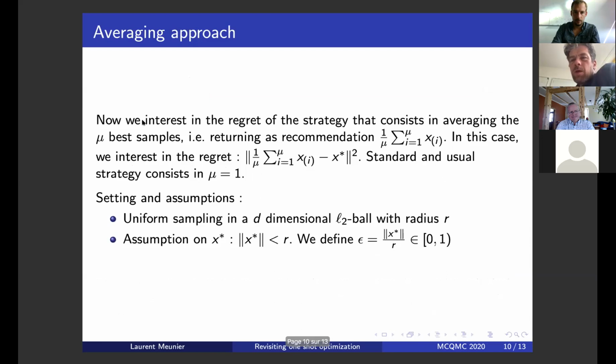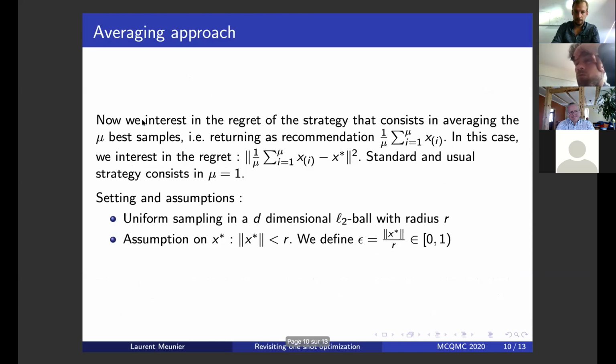The averaging strategy consists in the following: you have some point x star, and you sample your points, and you average the mu best points, and you are interested in the regret of this strategy, which is the norm of the average minus x star to the power 2.